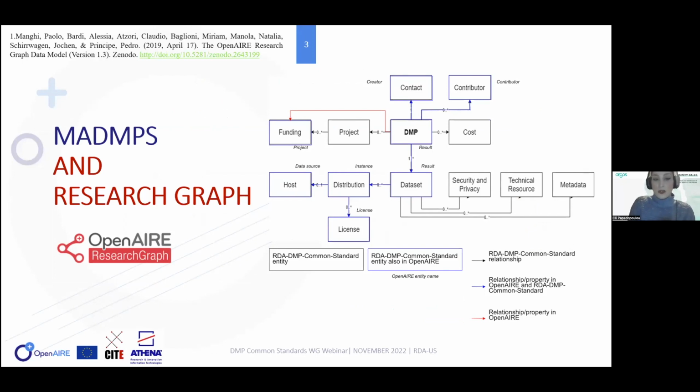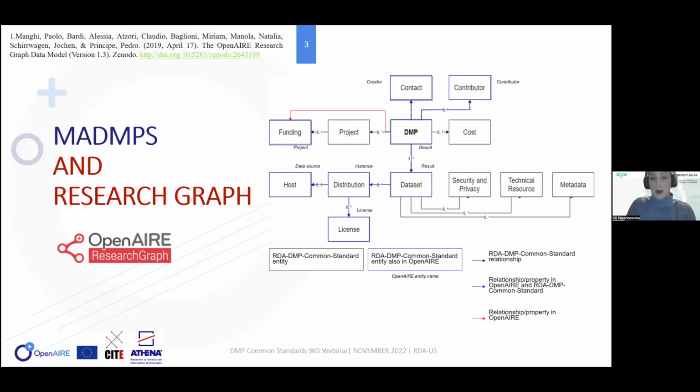Of course, the research graph gathers information about research from more than 12,000 sources. I cannot keep up with how many sources we harvest and contextualize, but there are so many that the information it has is more than what the DMP looks for, right?